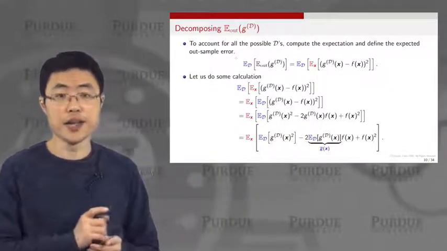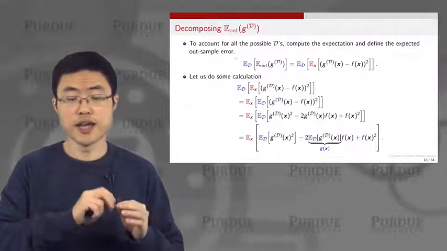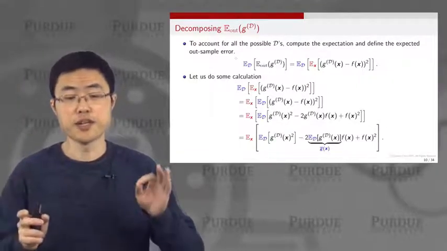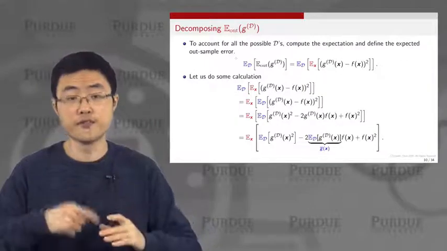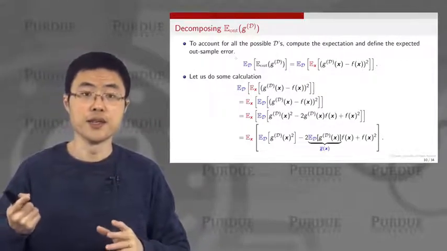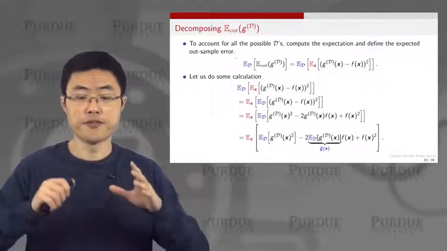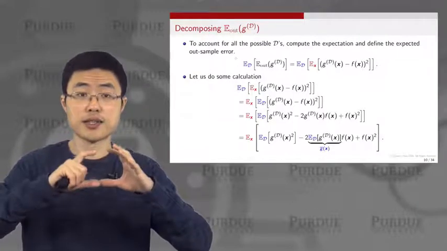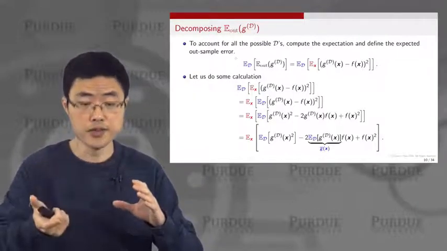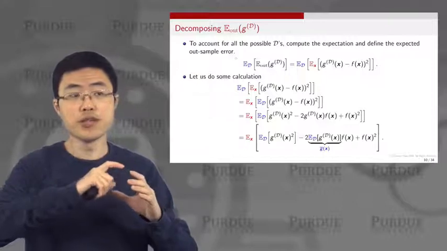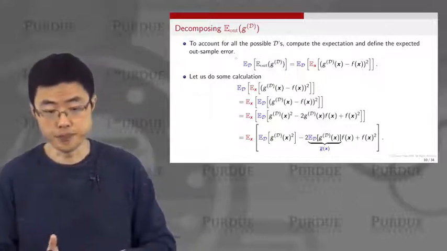I'm not just taking the average of my data set. I'm taking the average over my g evaluated on the data set D. In other words, I have this data set, I use the data set to calculate the final hypothesis first, and then I'm averaging over all the final hypotheses.